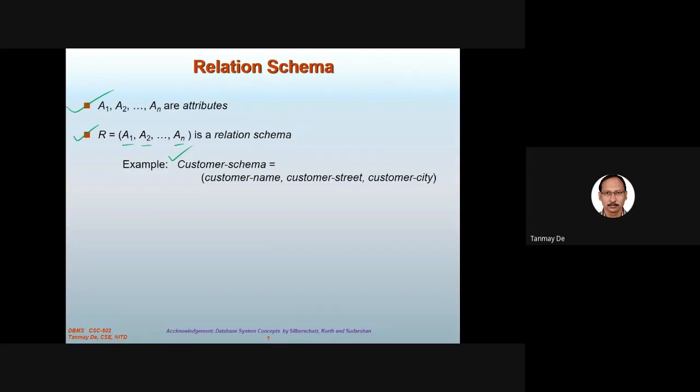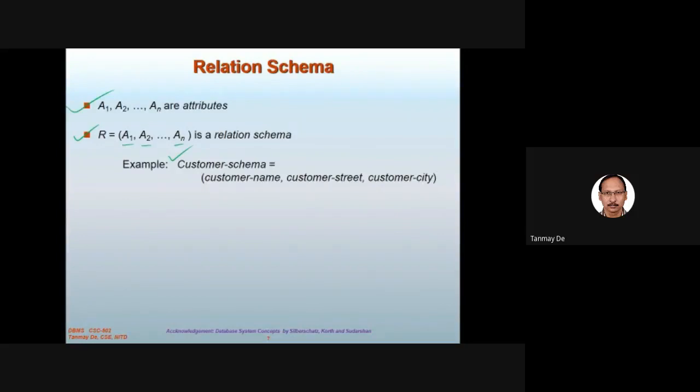Can you remember schema and instances? Schema is basically the structure. For understanding purposes, consider a variable declaration, say int x semicolon. What is the meaning of that? We define a variable x which can hold an integer value. That is basically the design structure.